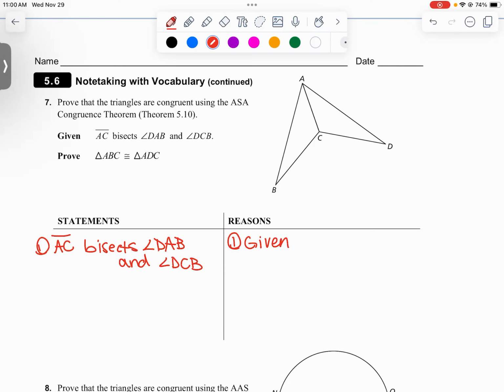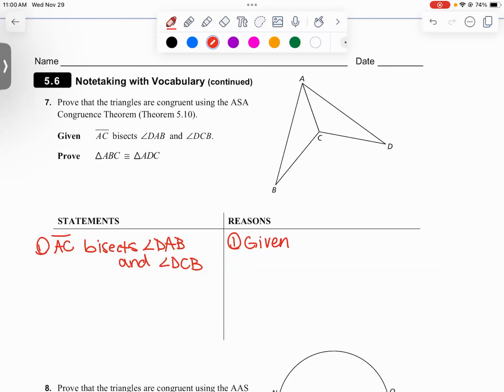Ben, what does it mean to bisect? Like it splits it into two congruent parts. Ooh, that was an excellent definition. It splits it into two congruent parts. Now, the only time I'm going to use the reason definition of bisector is when there's actually a bisector.